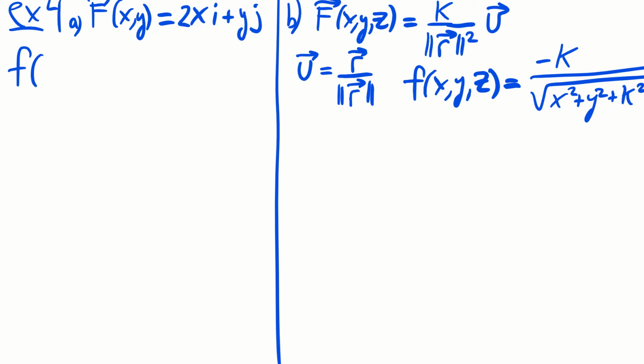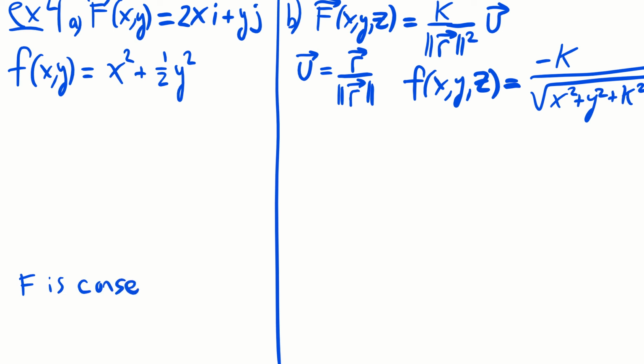And I claim that the function little f of x comma y, which is equal to x squared plus 1/2 y squared, would work. So what we would need to show is that F is conservative if F would be equal to the gradient of little f.